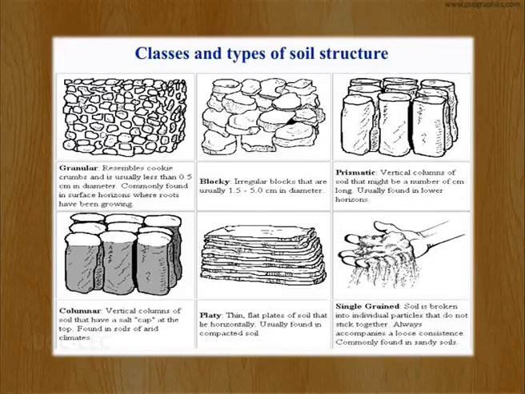They are granular, blocky, prismatic or columnar, and platy structures. Granular structures are those in which sand, silt and clay are assembled together to form a structure that is nearly spherical in nature.